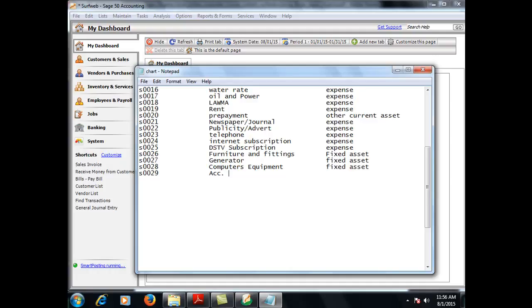So all you just have is accumulated depreciation. I will just write it. What's the first one? F and F. So what we have is accumulated depreciation. The next one, we have 30 now. That's good. What do you have there? Generator.